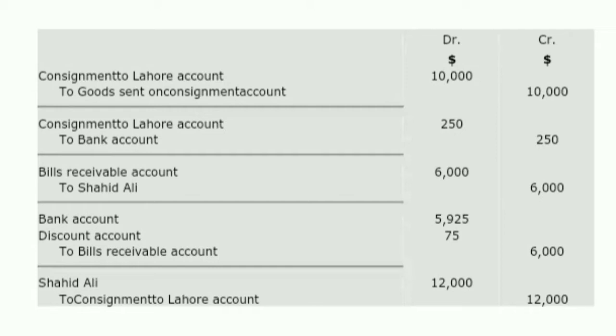Number 3, bills receivable account debit and to Shahid Ali credit for $6,000. Number 4, bank account debit for $5,925, discount account debit for $75 and credit to bills receivable account for $6,000. Number 5, Shahid Ali debit for $12,000 and to consignment to Lahore account credit for $12,000.